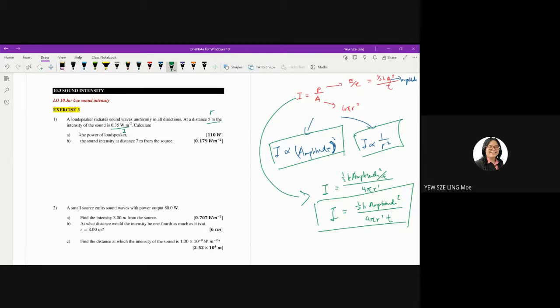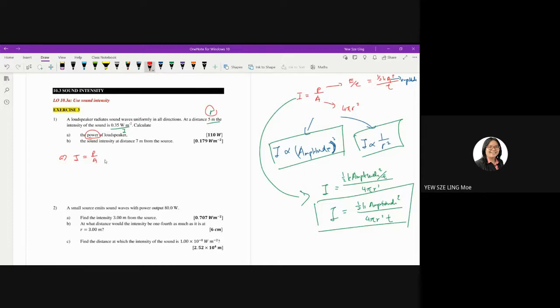So let us begin with the general equation: I equals P over A. The question wants you to determine power, so we don't want to do anything about the power. We are given the values of I and r. Our equation doesn't have r, and we don't have the area. This A represents area. We don't have the area, but we do have r, which means we can calculate the area by using 4 pi r squared.